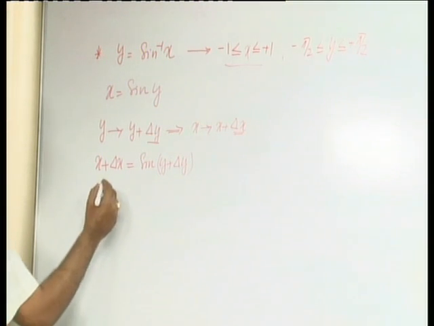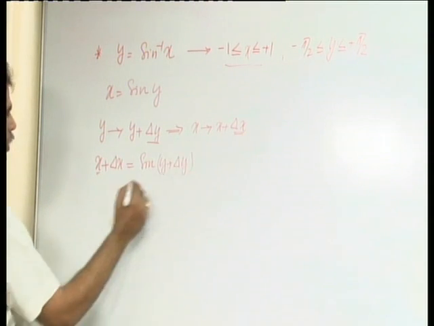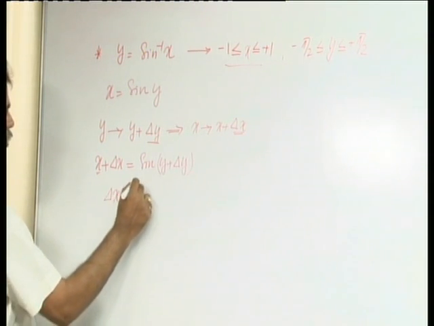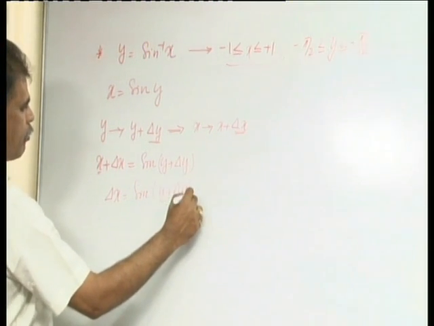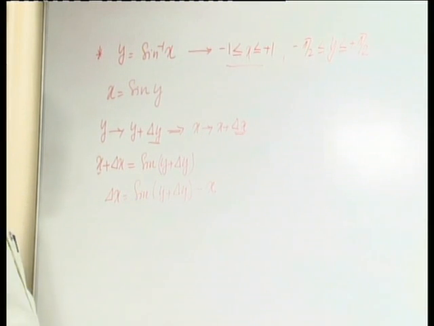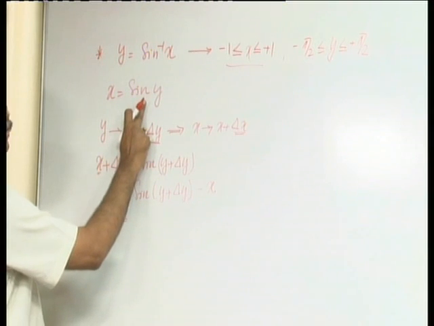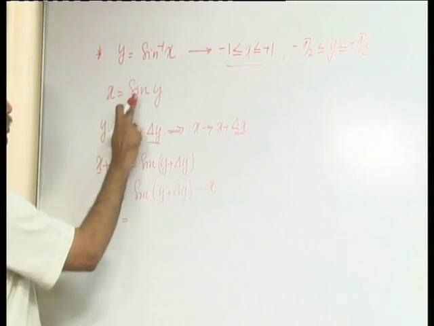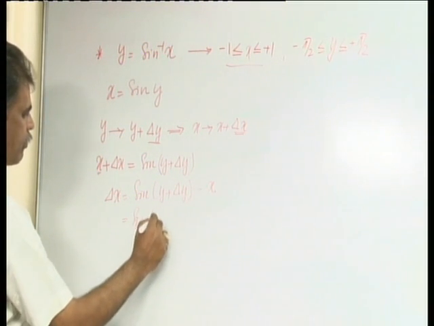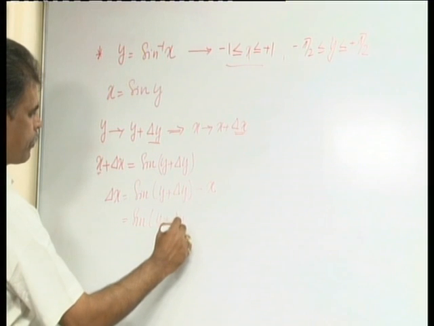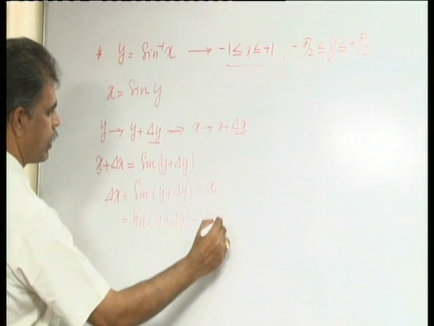Then what is the next step? We have to transfer this x to the right side, that is delta x is equal to sin of y plus delta y minus x. Then we replace x by sin y, since x is equal to sin y. So delta x is equal to sin of y plus delta y minus sin y.